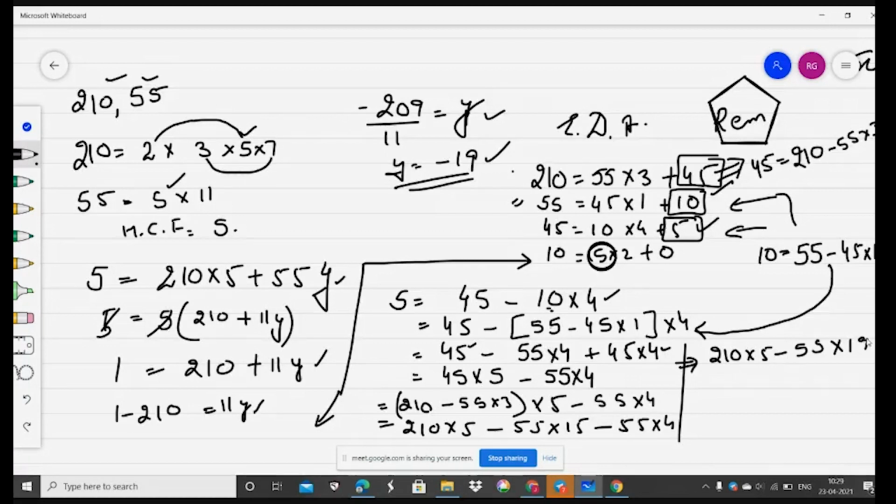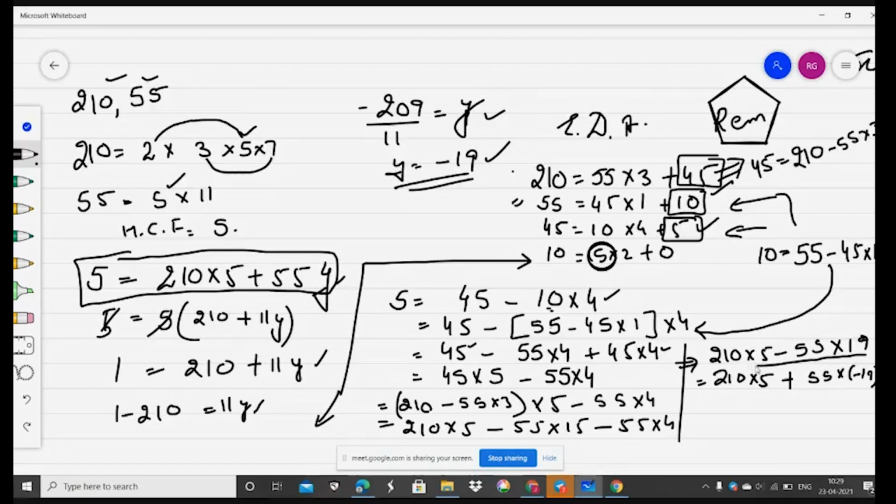And this we can rewrite as 210 into 5 plus 55 into minus 90. And if you equate these two equations, you'll get the value of y as equal to minus 90. This is another way.